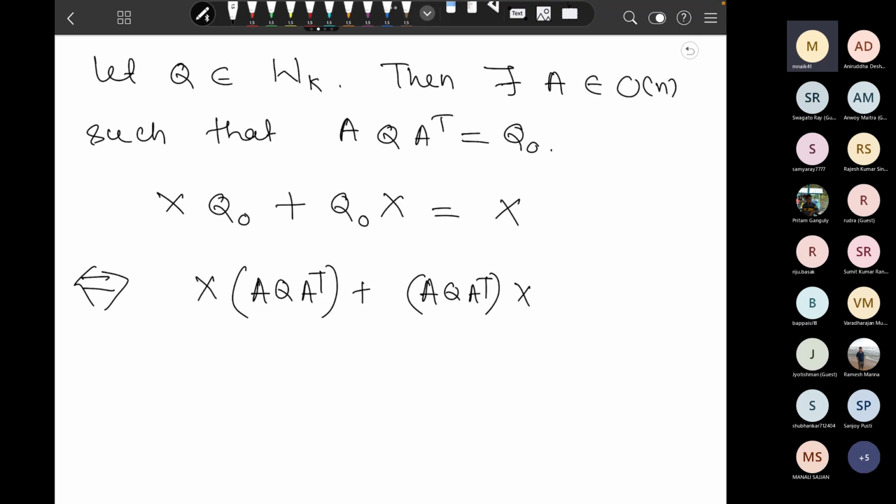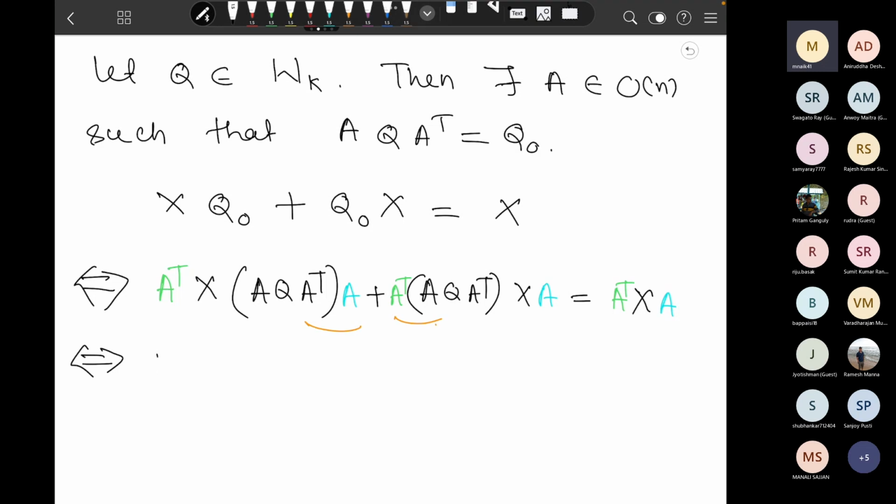This is X, and this is really the same thing as X. Now what you do, you really multiply A transpose from the left and multiply A from the right. So if you use this fact that A is orthogonal matrix, so A transpose A is identity.